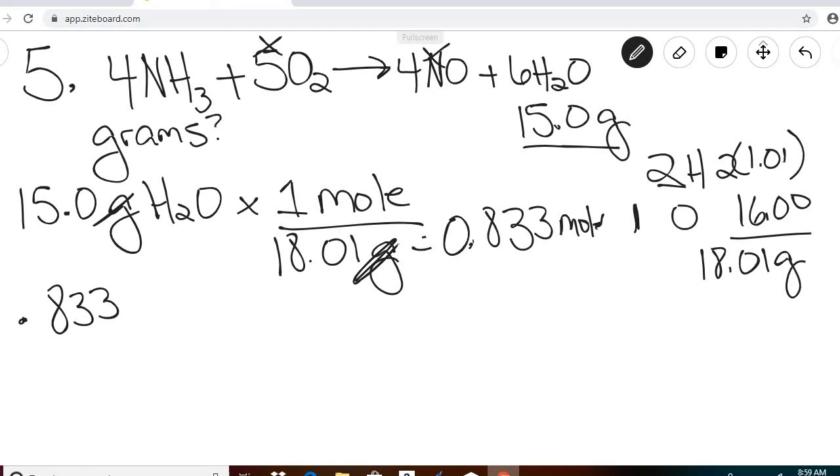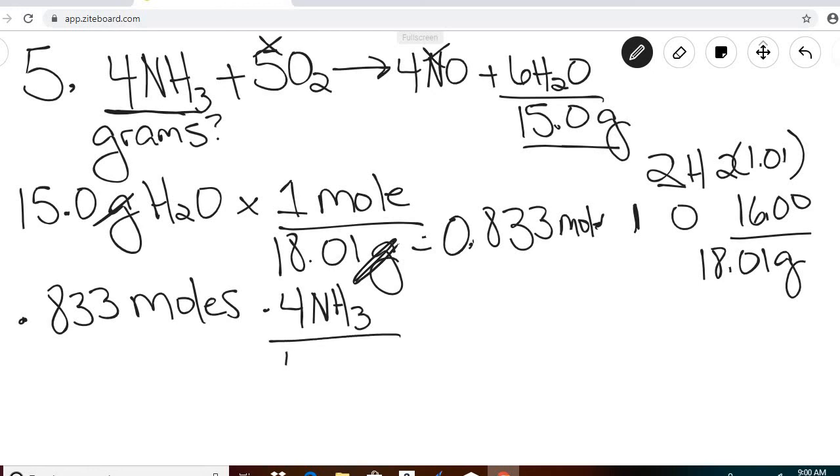Now that we are in moles, we can use stoichiometry and look at the ratios between the NH3 and the water. So there are 4 NH3s for each 6 water.